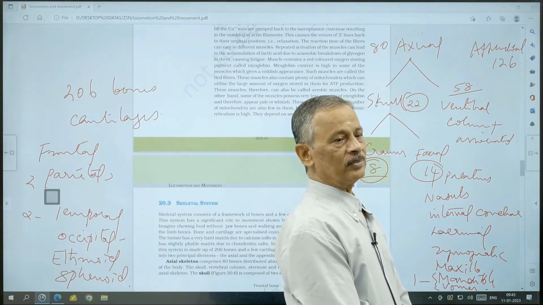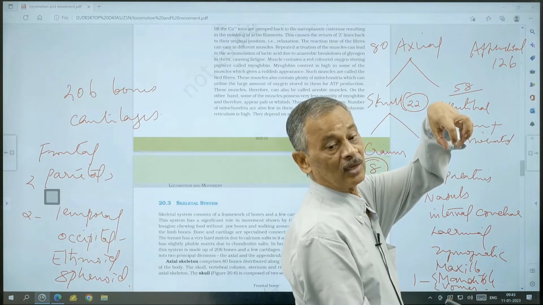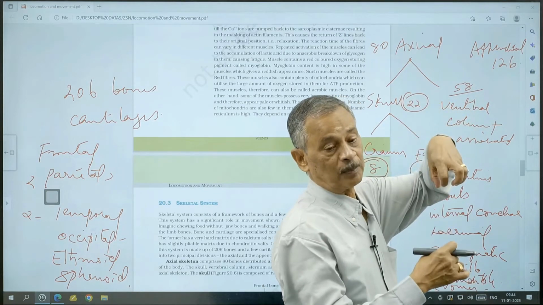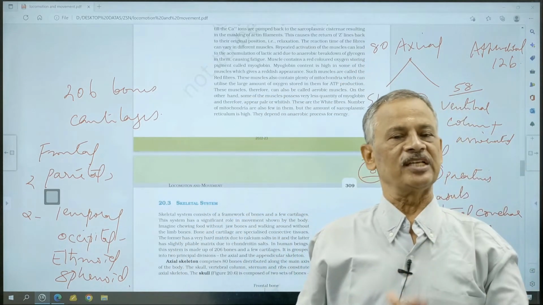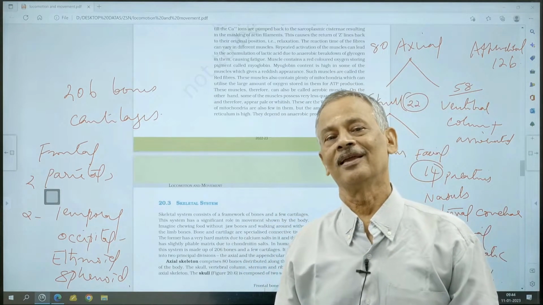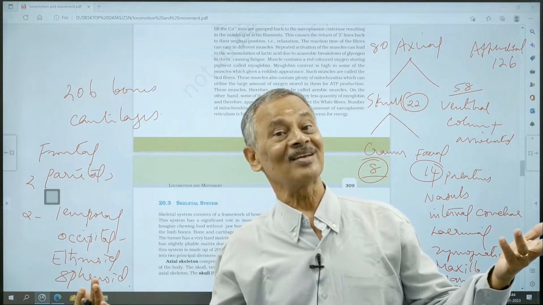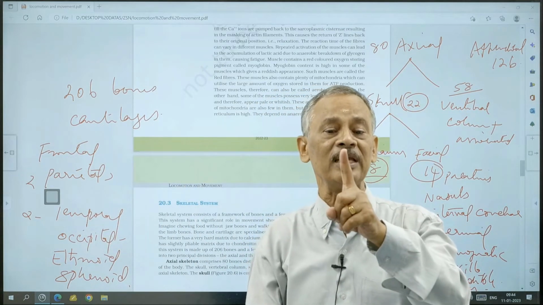Now, coming to the vertebral column. Vertebral column is a cylindrical column made up of 26 vertebrae in adult. Whereas in developing stages, in fetus, we are having 33 vertebrae. So what happened to the other 7? They have fused to form a single piece when we become adults.